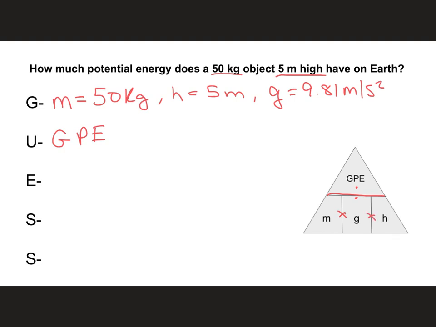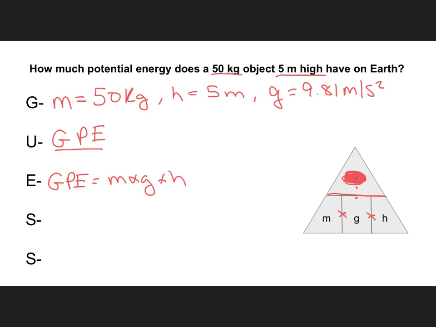It's not any different, except now you just have an extra letter. We still use it the same. I'm trying to find GPE, so I'm going to cover up the one I'm trying to find. Looking at our triangle, we take m multiplied by g and multiply it by h. So that is my formula: GPE equals mass times g times h.